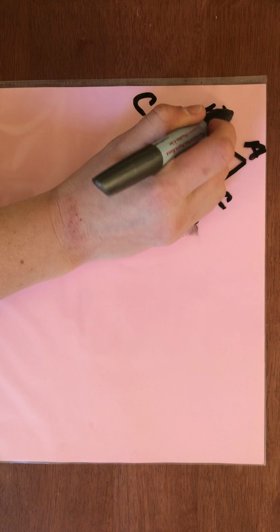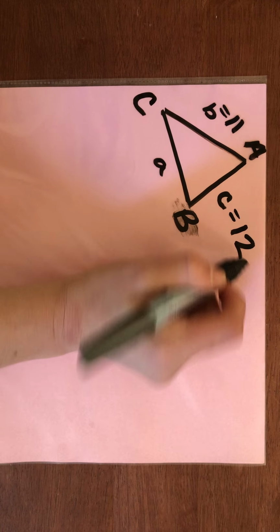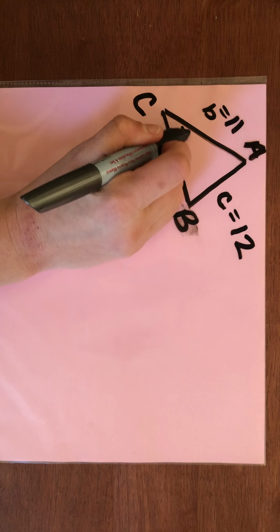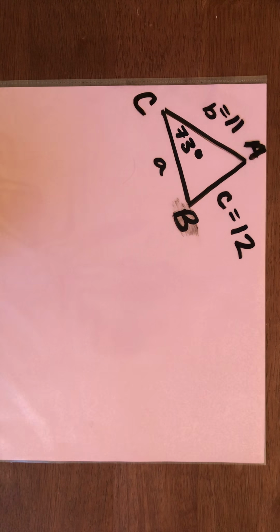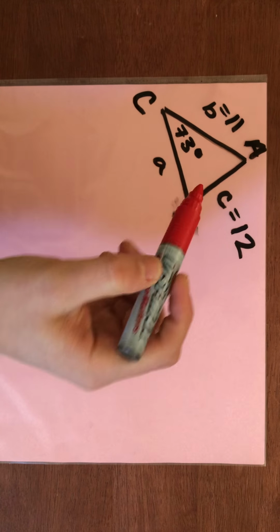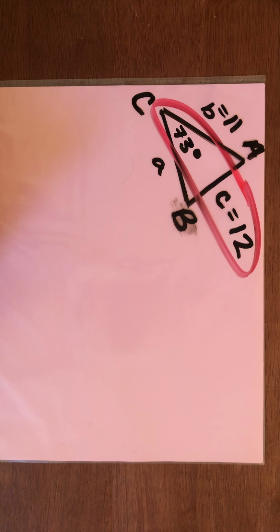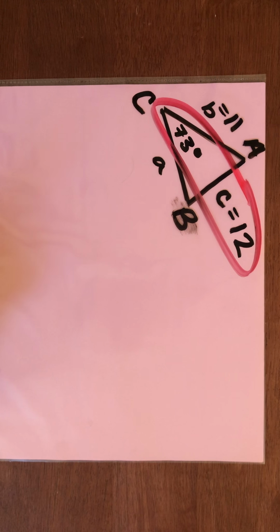And we know that this is equal to 11, this is equal to 12, and this angle is 73 degrees. Okay, this was a Khan Academy question. We know this is law of sines because we have a pair. That 73 and 12 is a pair.